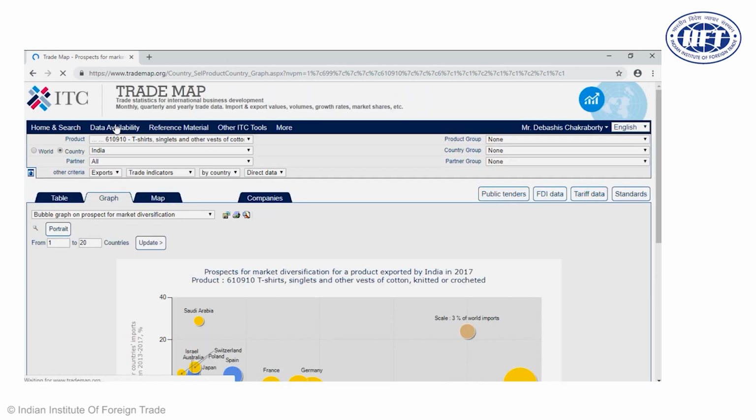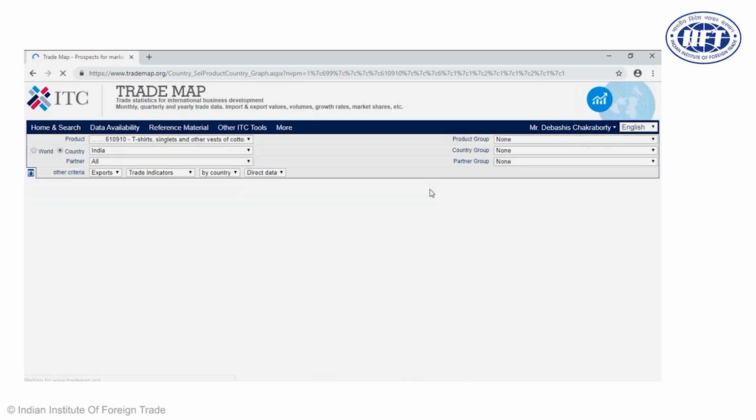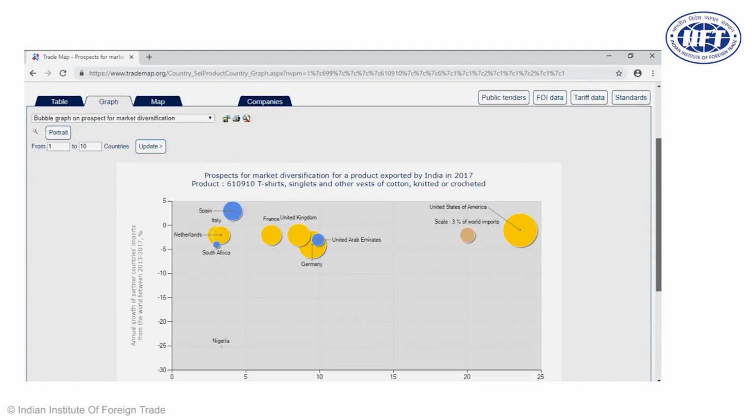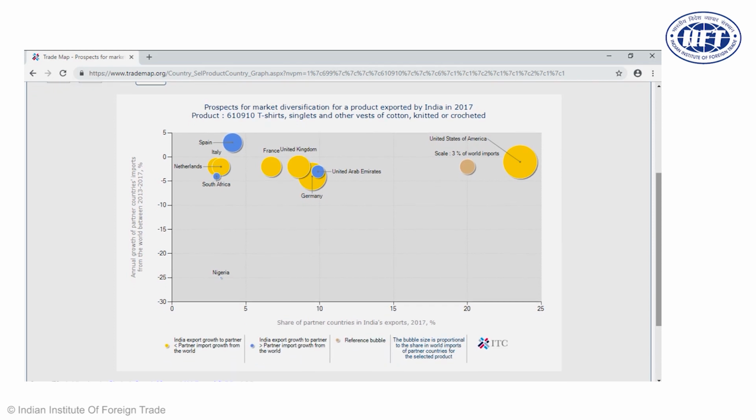Clicking on that, we see a graphical output. In the graph, we observe that there are a couple of country bubbles, some yellow, some blue. The yellow bubbles show that Indian export growth to these countries is, let's say, 5% as compared to the import growth of these countries from the world of 7%.